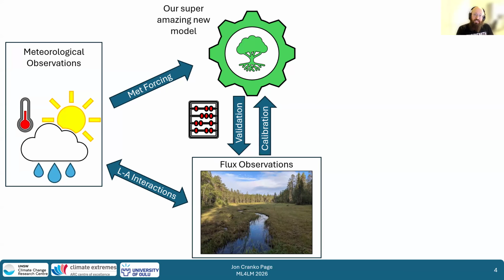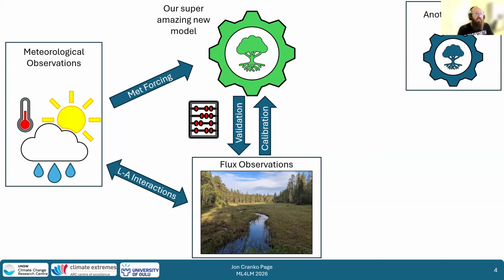To some extent, you could bring in a completely independent set of observations to benchmark. But then the question becomes, why do your two observation products disagree in the first place? There's obviously some sort of uncertainty there. So potentially this isn't really benchmarking.